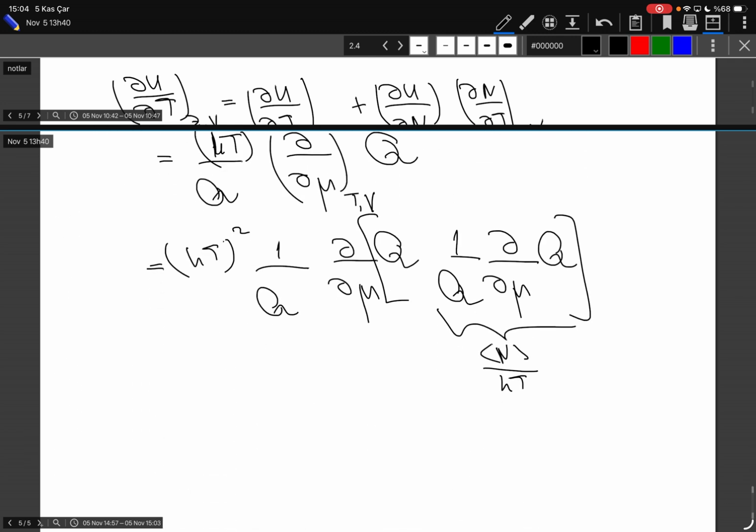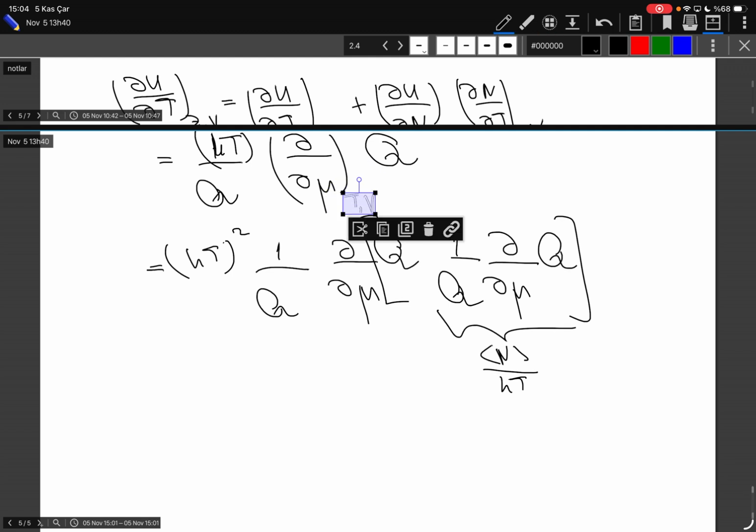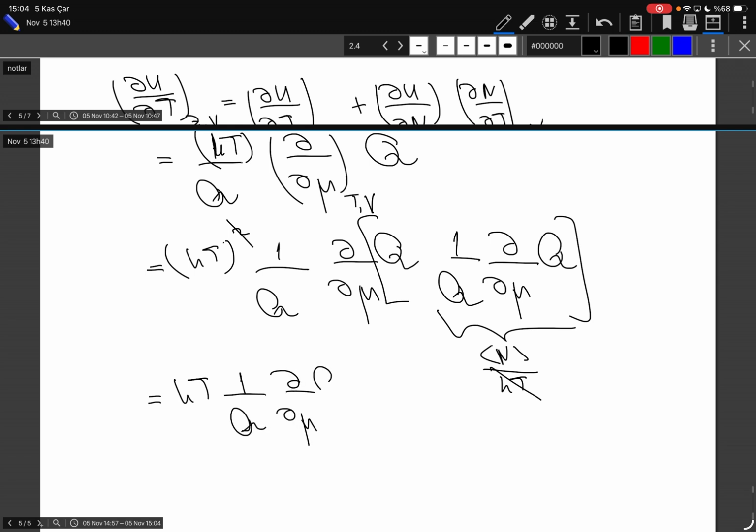Okay, that is nice. And keep in mind that in all these derivatives, although I'm not writing them explicitly, t and v are constant. So kt in those derivatives are just constants, so I can get rid of one of these kt's. So that leaves me kt times 1 over q, derivative with respect to mu of q times n.